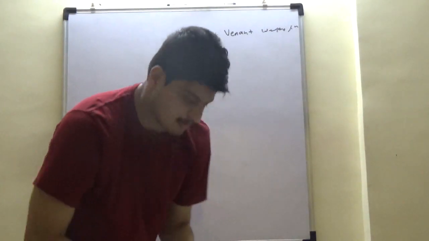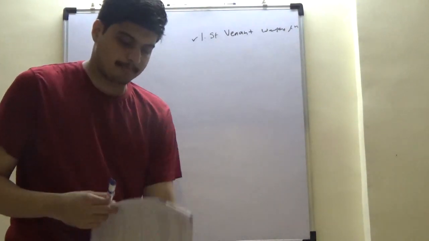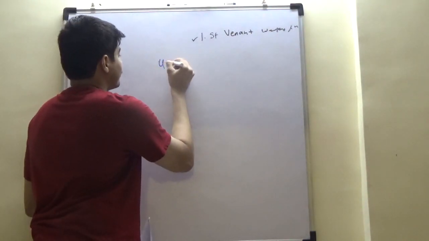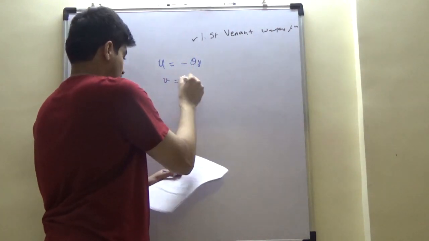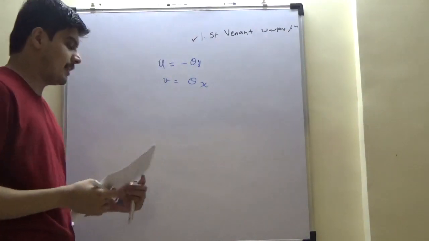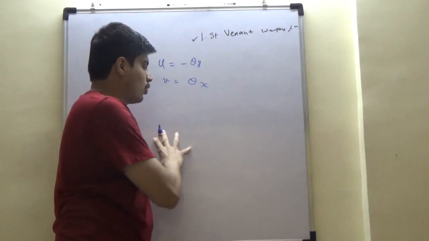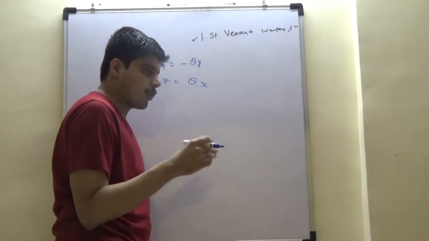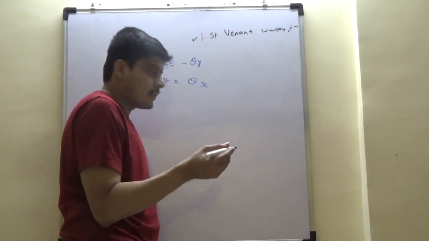Now to look at this, we have to visit back our theoretical framework. What we said is u is minus θy and v is θx, the two-dimensional displacement fields. We have already made a very good argument from a physics principle that warping is independent of z and only a function of x, y.